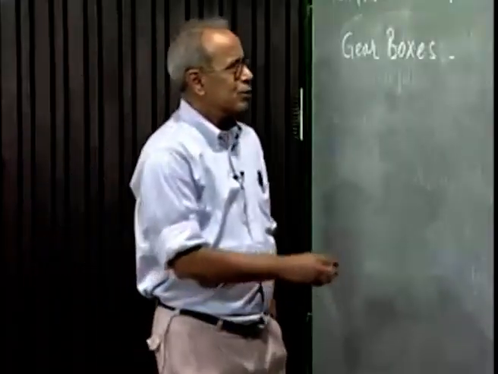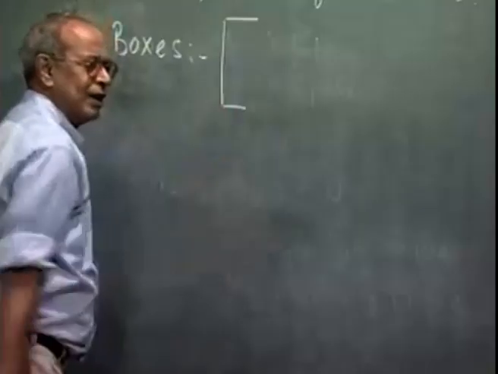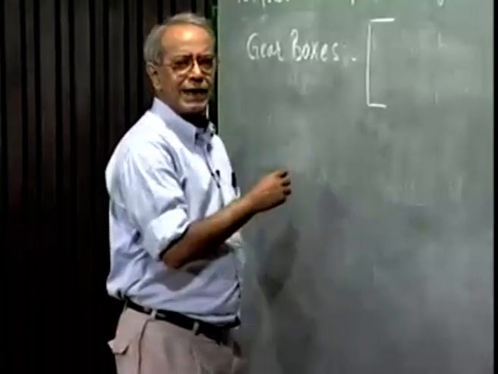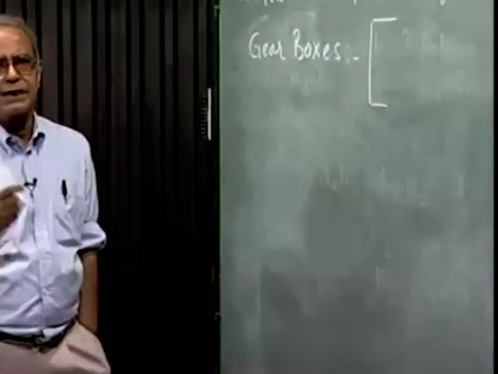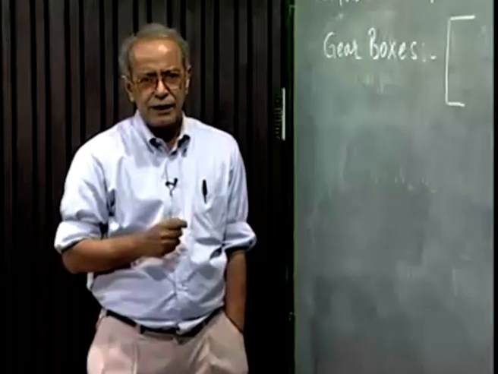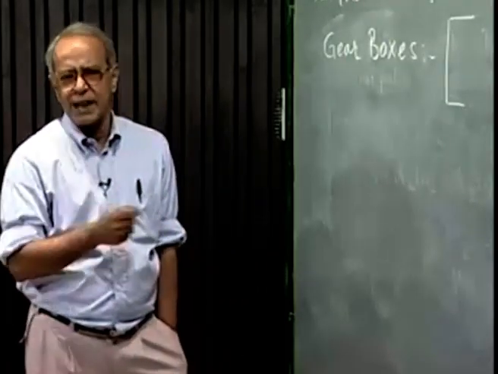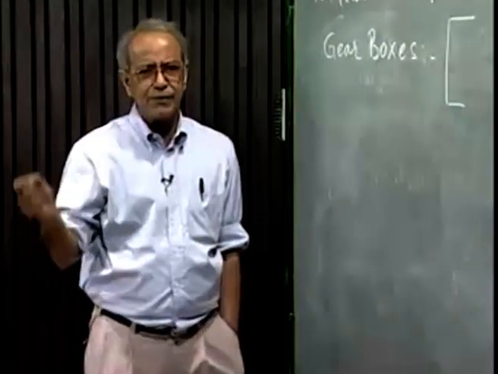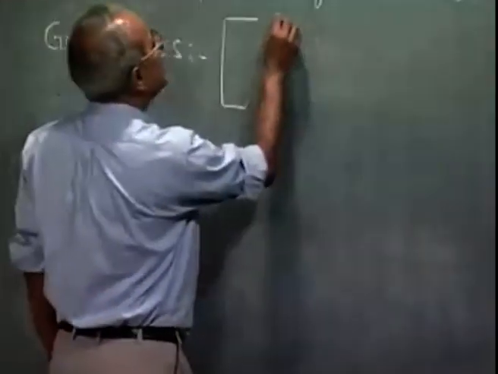But there are two kinds of gearboxes. One is where the gears are changed, that is the output speed is changed after bringing the entire system to rest. We change the gear engagement within the gearbox by sliding or something, and then switch on the machine and get a different output speed, as we do in case of a machine tool.